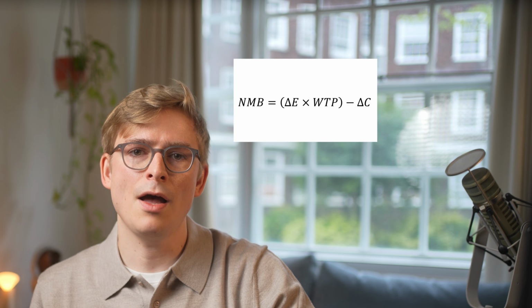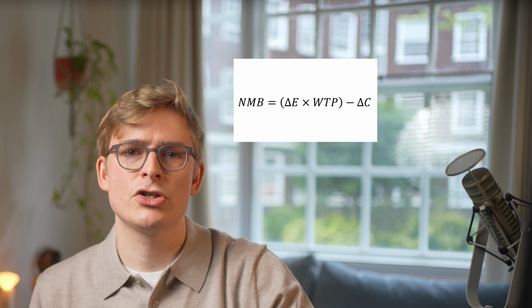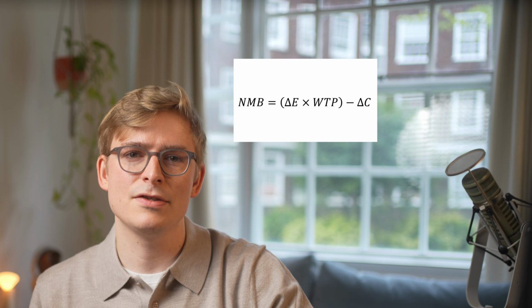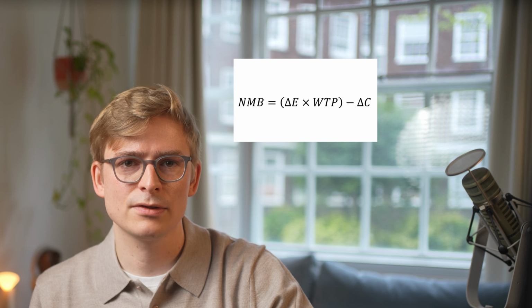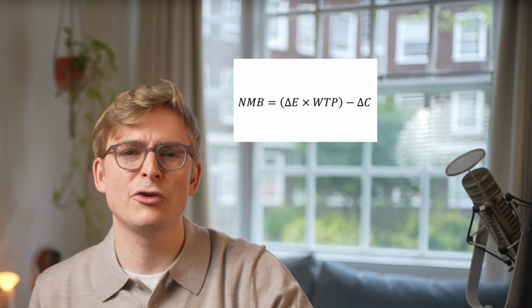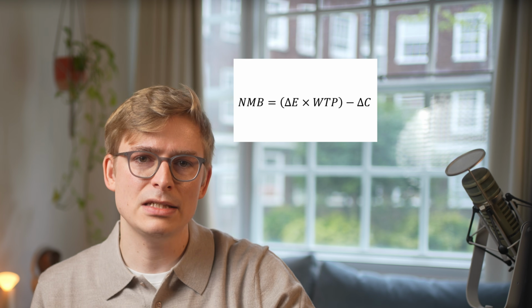In this formula, the little triangle or delta shows that the net monetary benefit considers incremental results. So delta E equals incremental effectiveness, while delta C equals incremental costs. This makes the interpretation of the net monetary benefit much easier compared to the ICER, as a positive net monetary benefit indicates that the intervention is cost effective at the specified willingness to pay threshold.